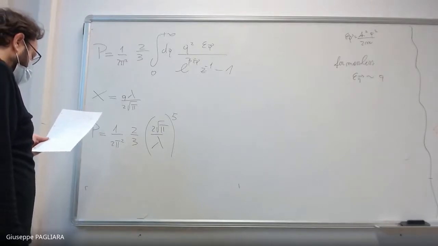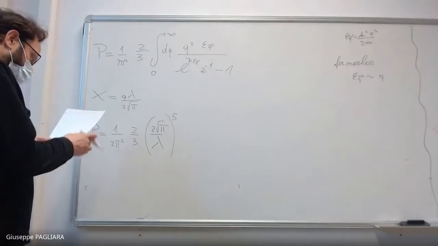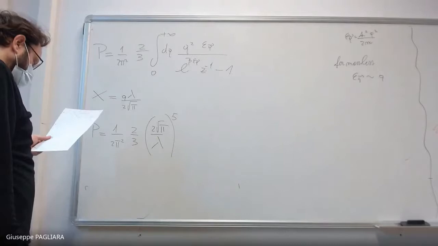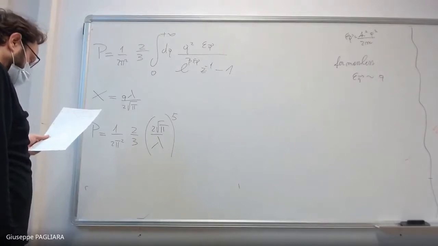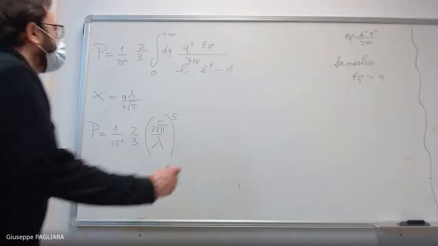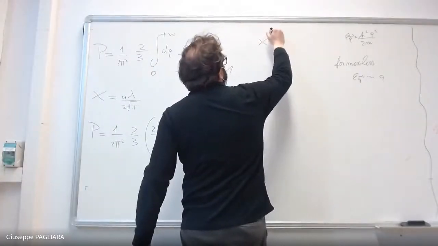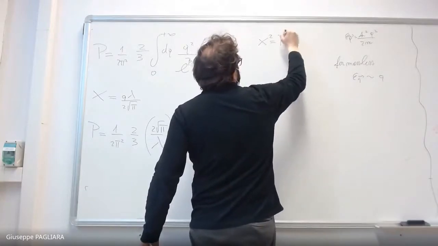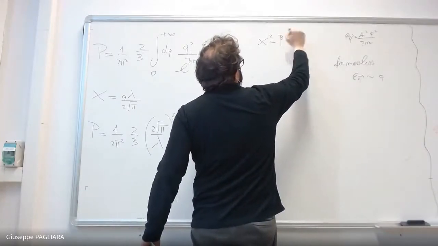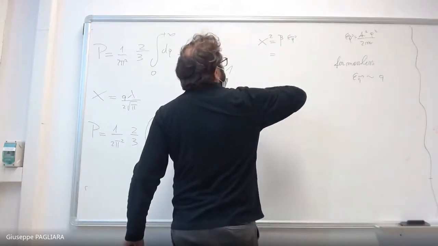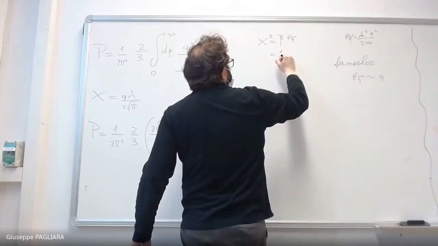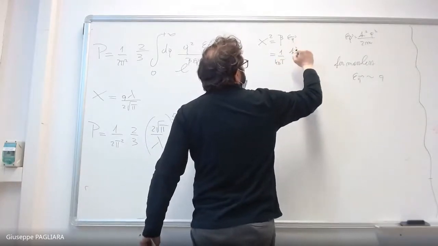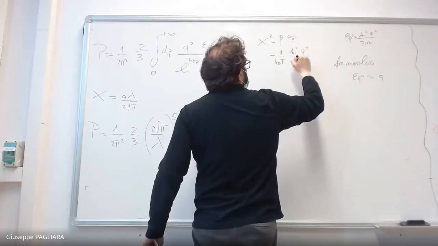So as before, what we do is to say that x squared is equal to beta epsilon q, and so x squared is equal to 1 divided by kBT, and epsilon q is h-bar squared q squared divided by 2m.